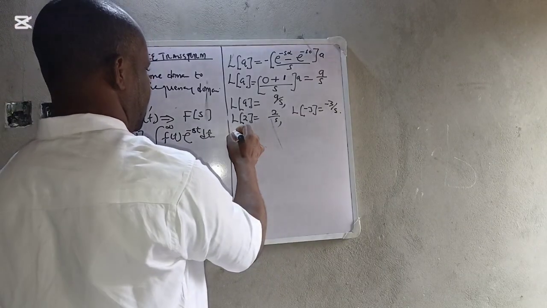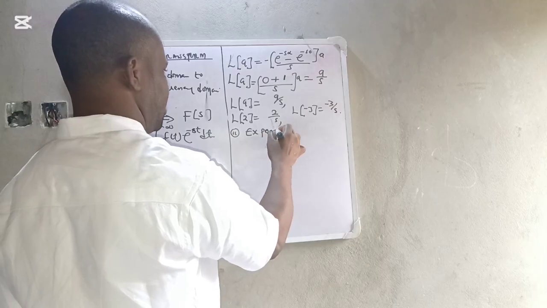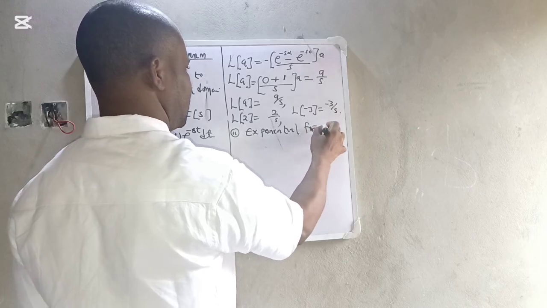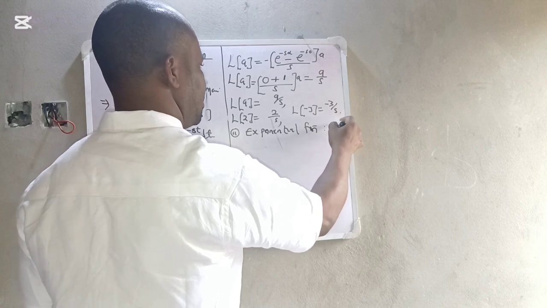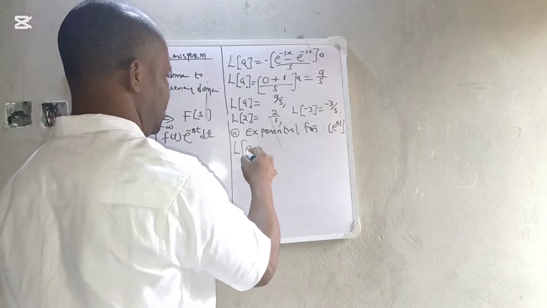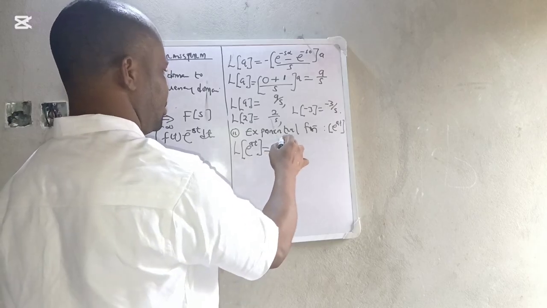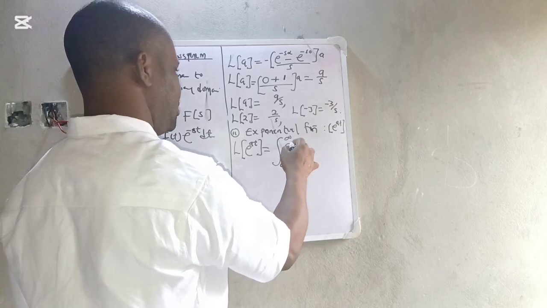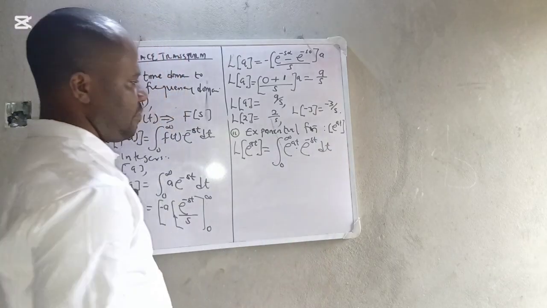The next one we look at is the exponential function. We can use e to the at. Having done this, the Laplace transform of e to the at is going to give us the integral of e to the at times e to the minus st dt.